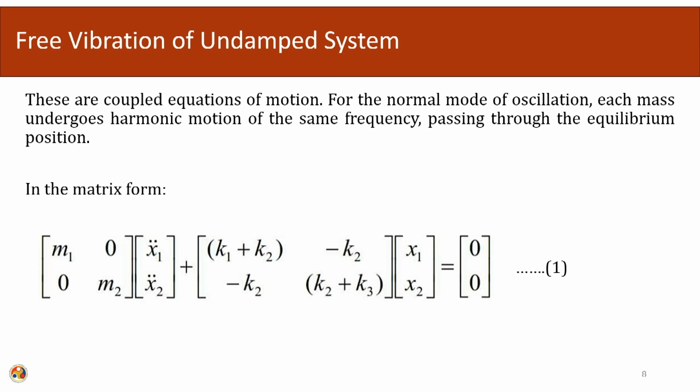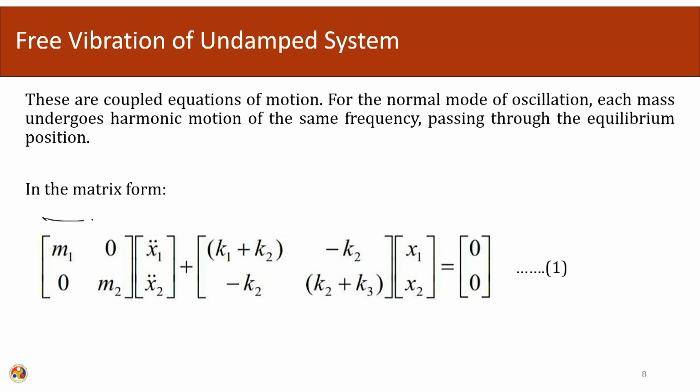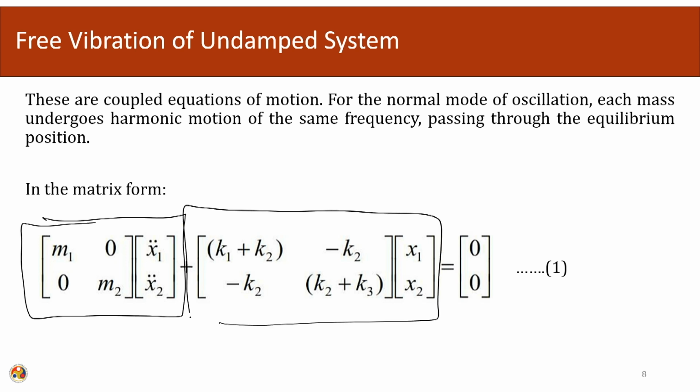So, if we rearrange, if we look into the acceleration terms, only x1 and x2 are there. So, we can write down the mass matrix in this form. And rearranging, we can write down the stiffness matrix in this form, and this is the forcing function.